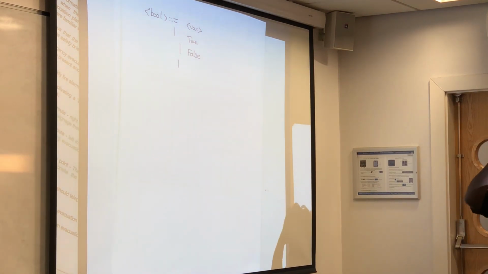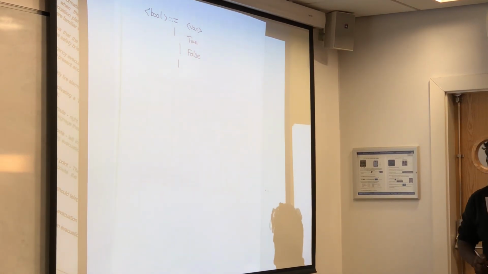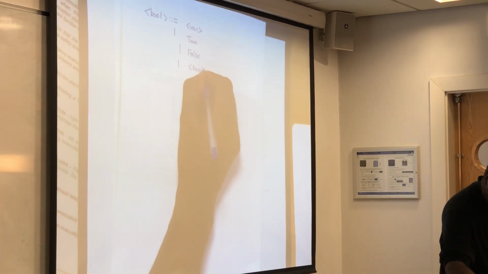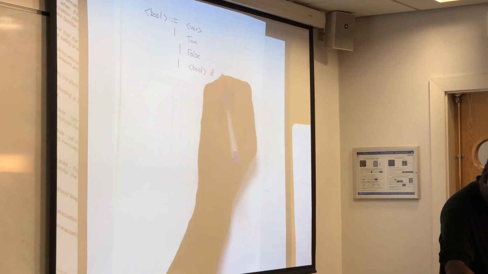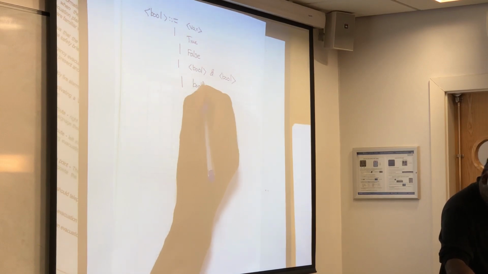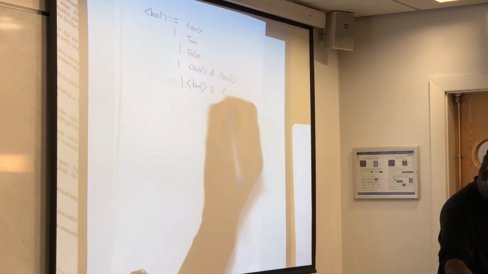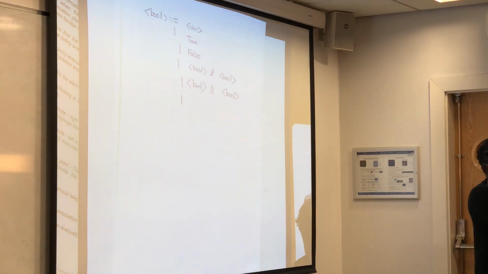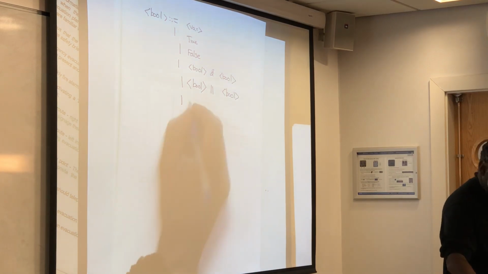Okay, combination of formula and, or, not, and implies. So you can have a Boolean and a Boolean. You can have a Boolean or Boolean. And if you see what I'm doing, I've told you exactly what's in here. You just need to copy it down from the English into the formal syntax for grammars.